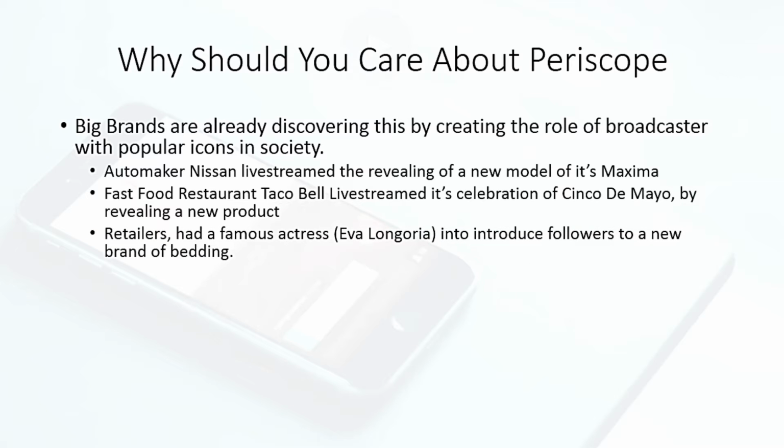Retailer JCPenney had a famous actress, Eva Longoria, here in the United States, and she was able to introduce followers to a new line of bedding. Now, the product is not as important as the fact that the process that was used was, again, live streaming. It was Periscope, and it was done using Twitter and all of the other social media followings, instead of spending a large sum on expensive commercial video production.